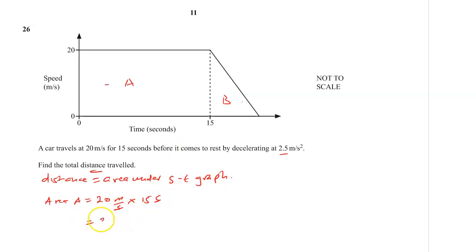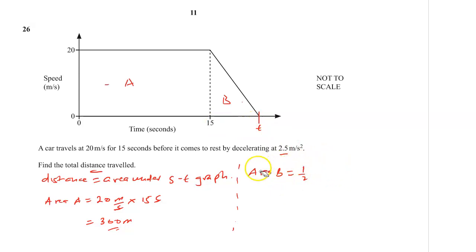What you get here is 300 meters for area A. What about area B? This is a triangle, so area B is going to be a half base times height. We don't know which point this is, so we have to find that out. Of course, we need this t here to know how long it took.